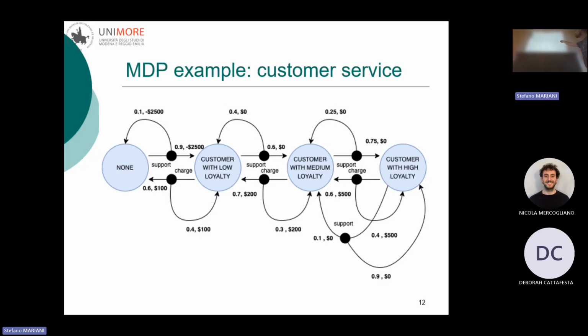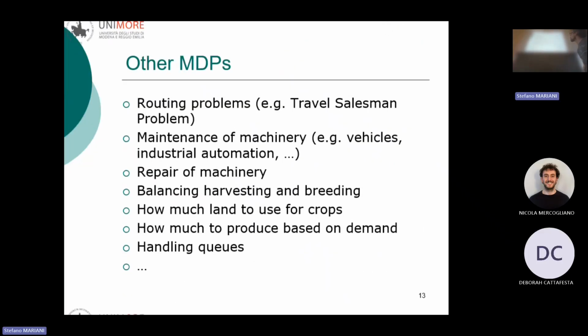If I do support, I can go into this next state, or I can go into this next state, so the same state repeated. So I need to take the probability of doing an action. In this case, I would say that the action is deterministic, but it could be probabilistic, and the probability of going to one or the other state. And that's how you expand the expectation.